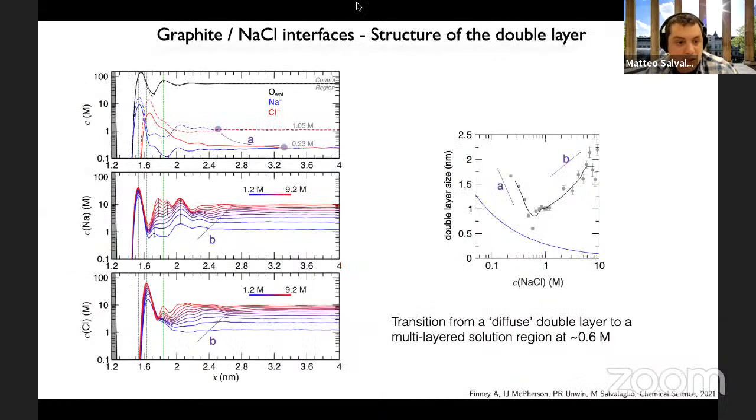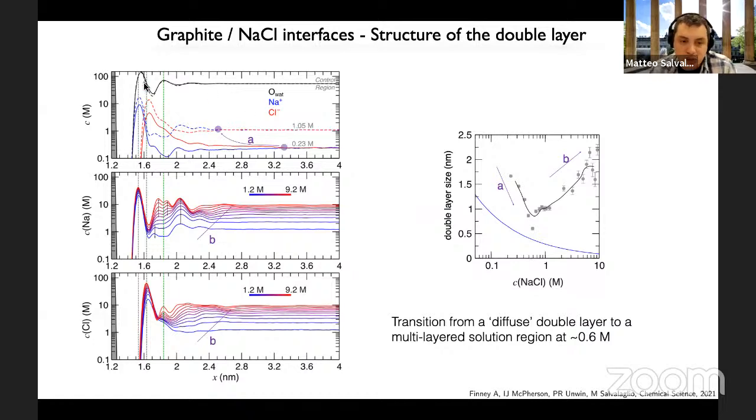So in this case, Aaron discovered that the structure of the double layer, so the structure of the region close to the interface where these ions accumulate, is far from being close to ideality. An ideal classical picture for this type of system would see the size of the double layer decaying exponentially with the concentration.